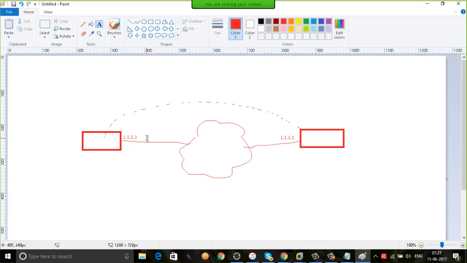In any one of the end, if I use a dynamic IP address, so you have to have at least one end with a static IP address. On the other end, if you have a dynamic IP address, then we will be taking the help of aggressive mode. If both the end we use a static IP address, then we used to be calling this as what? Main mode. If either of the end is using a dynamic IP address, then we will be using a mode called as what? Aggressive mode.